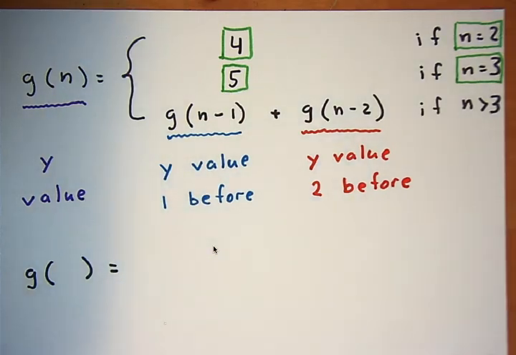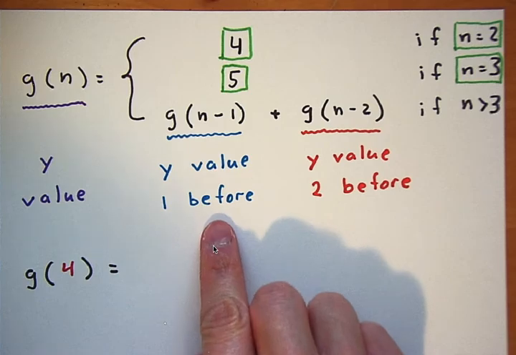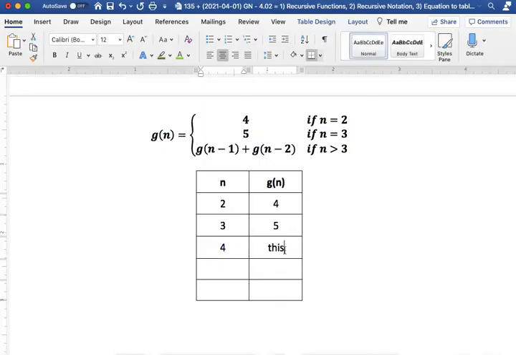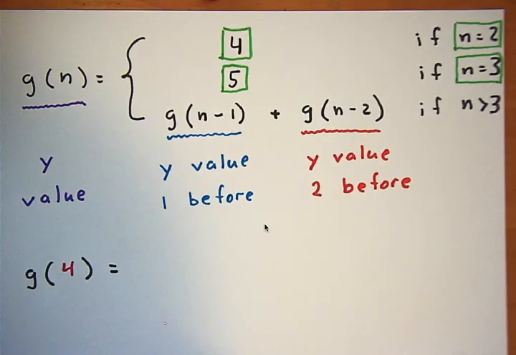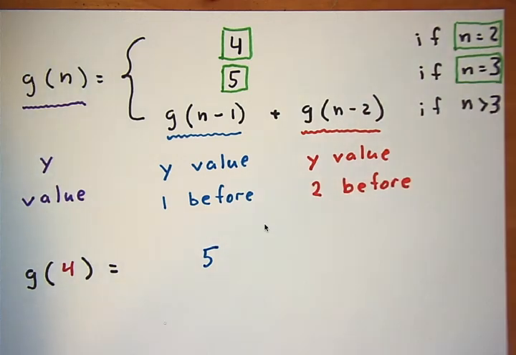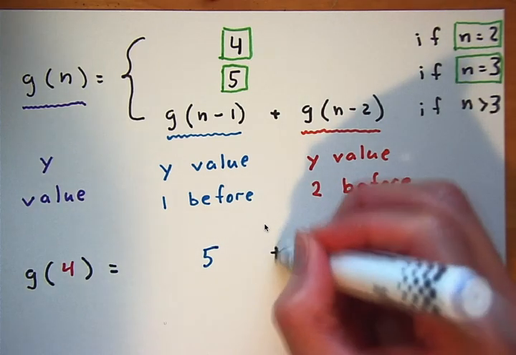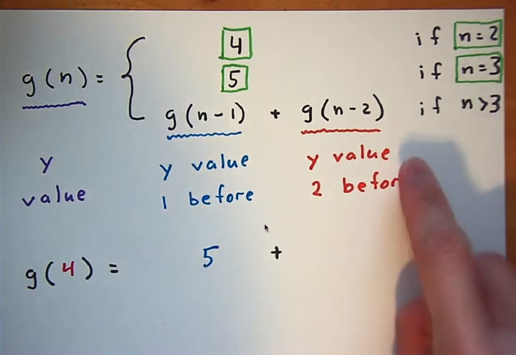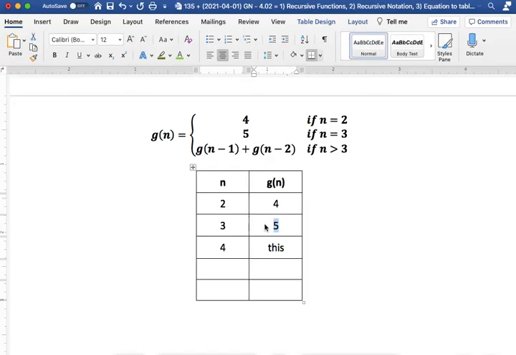So your g of 4 is equal to your y value that is 1 before that. So g of 4 is right here. 1 before is this 5. Plus your y value that is 2 before. So I'm still looking at this y, and 2 before is this 4 right here.